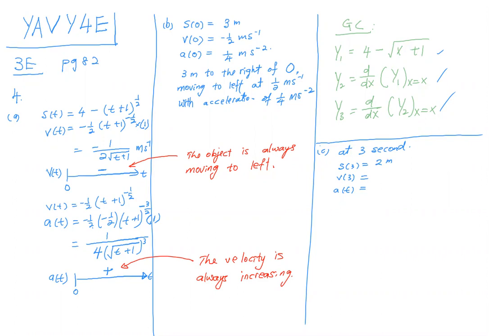Negative 0.25, negative 1/4. Okay, acceleration? 0.03125. 1/8? 1/16? No, 1/32. So it is 1/32 meter per second squared.